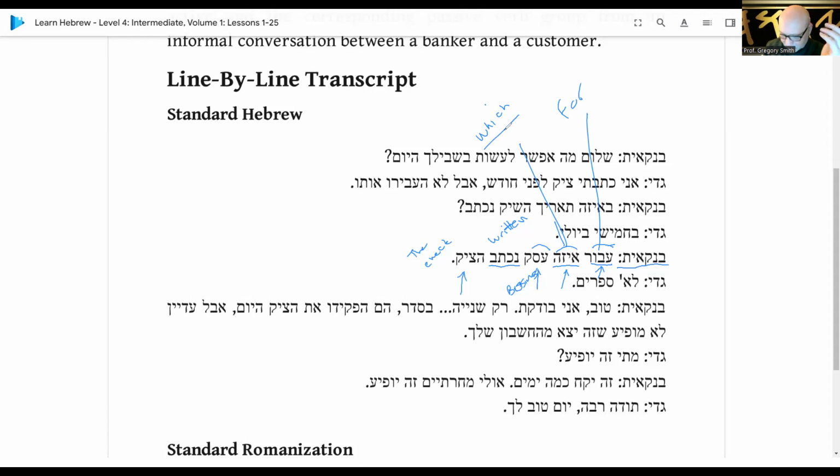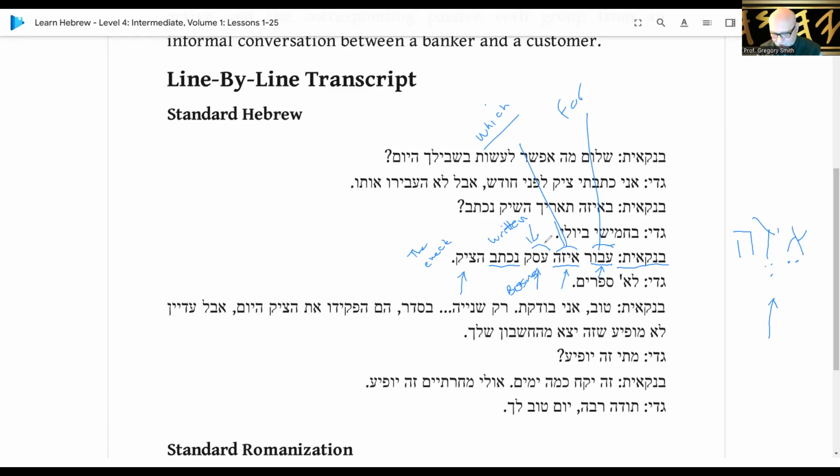And notice it uses a zere, and then it uses a segol, if the vowel pointing was there. So eze. Okay, so which check? For which business? Esek.